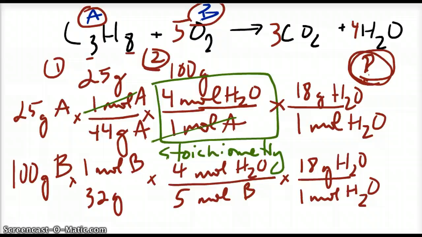You can see a couple things. First of all, you've only got 25 grams of propane and 100 grams of oxygen. But only a novice chemist would say, oh, well, then the 25 grams of propane are going to run out. That's not what it comes down to. In the propane problem, you're only dividing by 1 mole of propane.